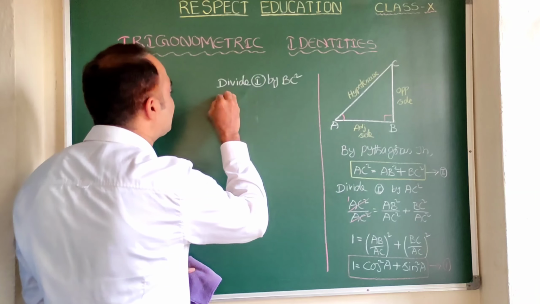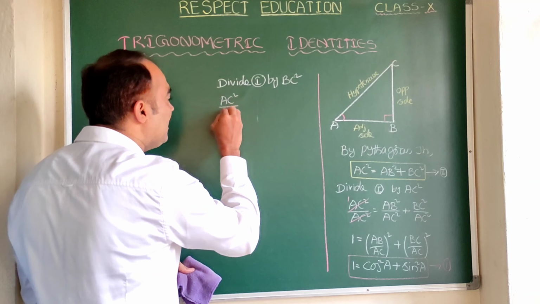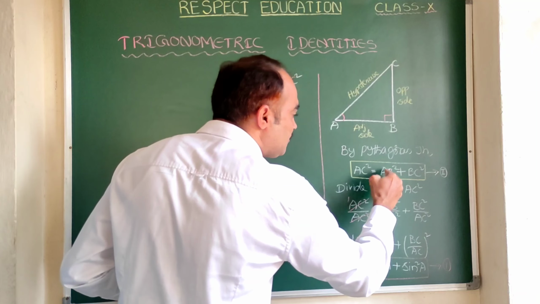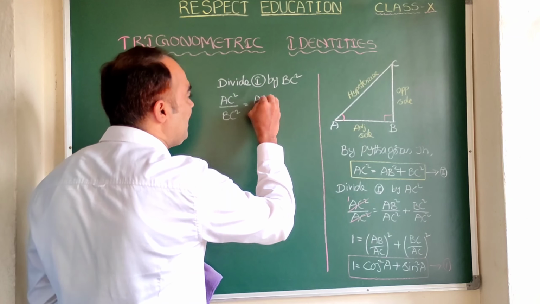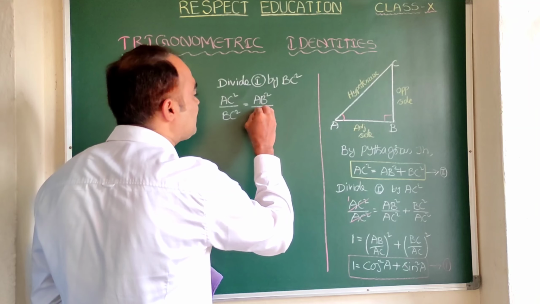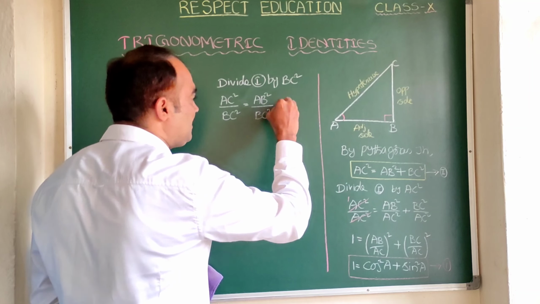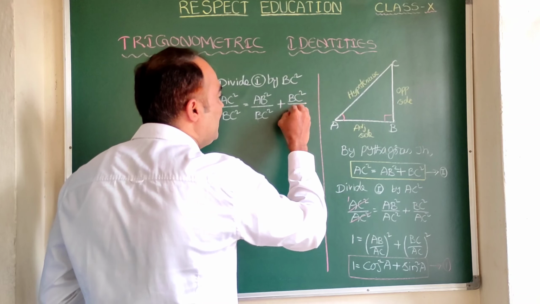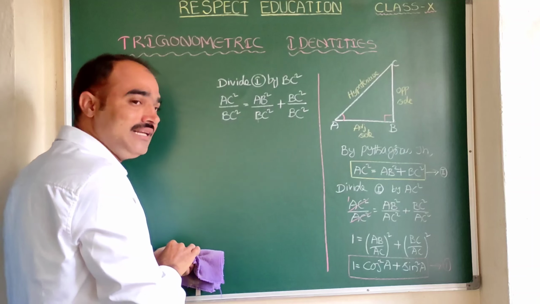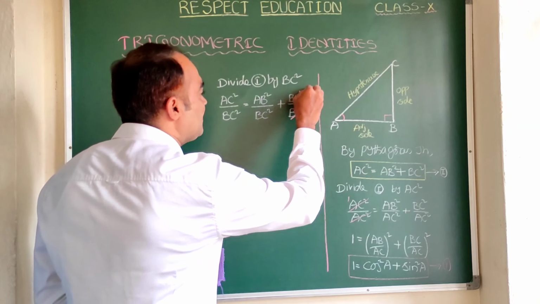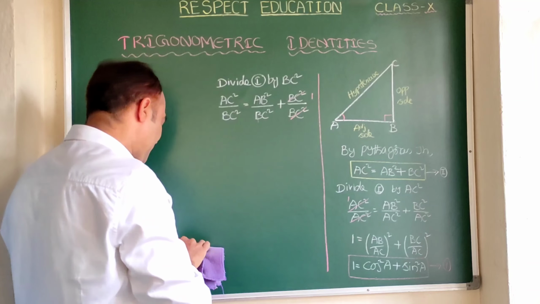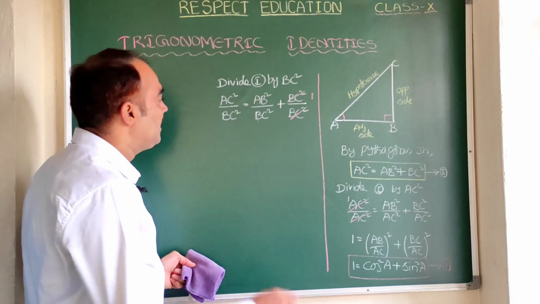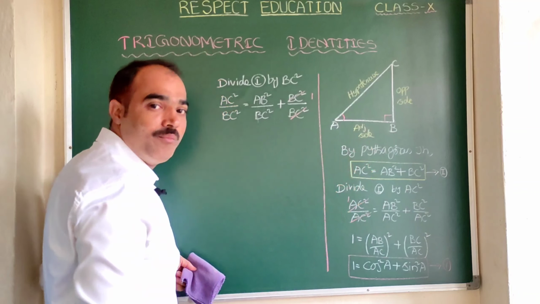Now AC square becomes AC square by BC square. Is it clear? Yes. Here, AB square becomes AB square by BC square, plus BC square becomes BC square by BC square. Here BC square gets cancelled one time. Now AC is the hypotenuse and BC is the opposite side.